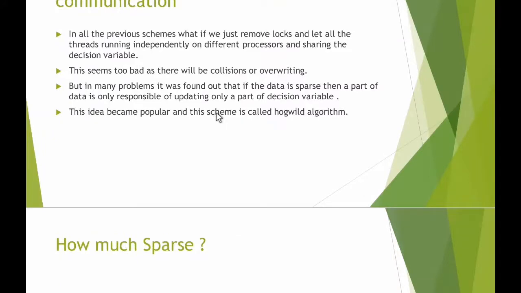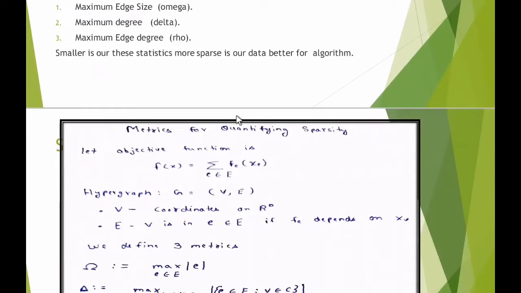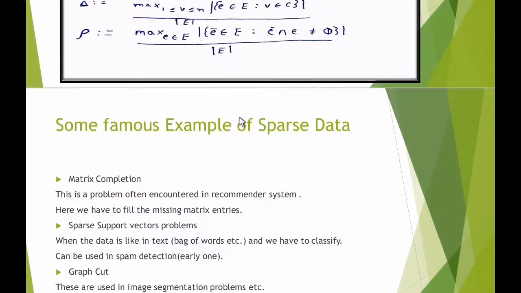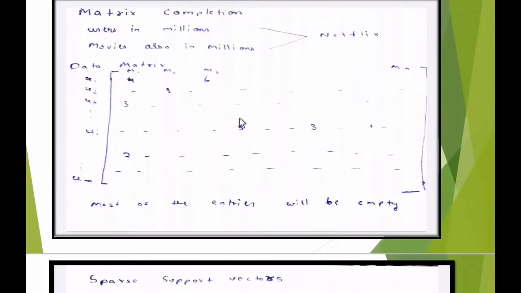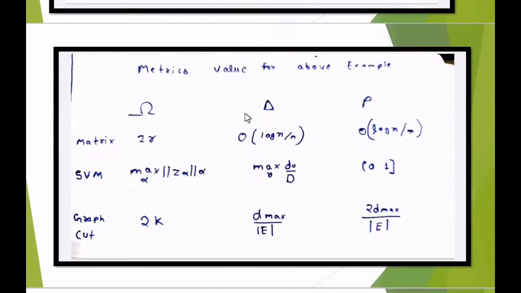This Hogwild algorithm works very well on sparse data. Then I showed you with data matrices some famous examples where the data is extremely sparse, like the Netflix recommender system, and also text classification using support vector machines.